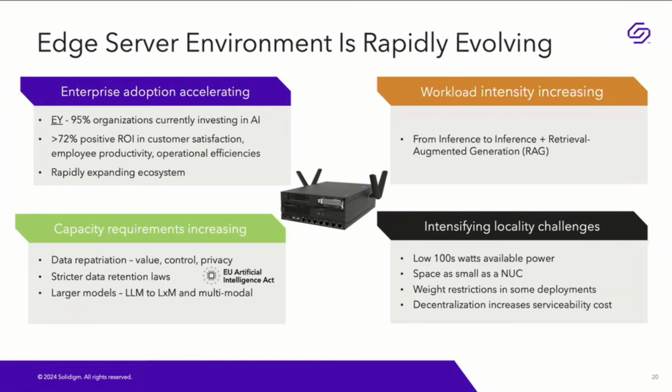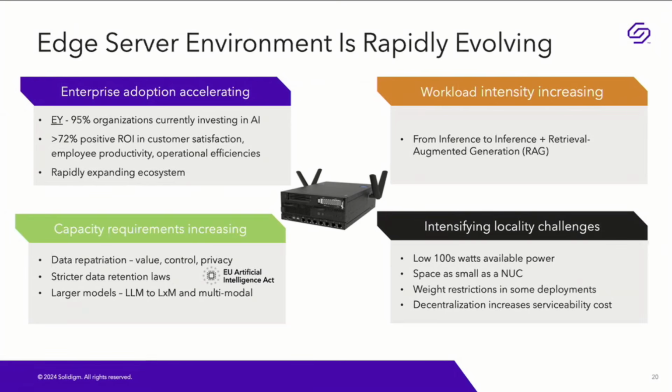We have a rapidly expanding ecosystem. There's some data here from EY that virtually every organization is investing in AI in some form or another. There are lots of reasons for that, and many of those reasons drive not only AI adoption, but also capacity needs.